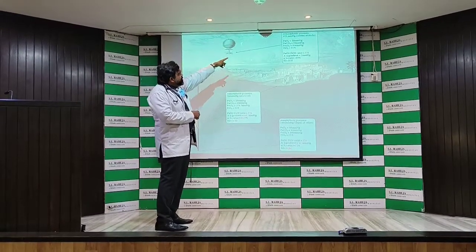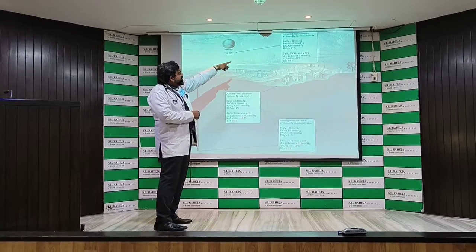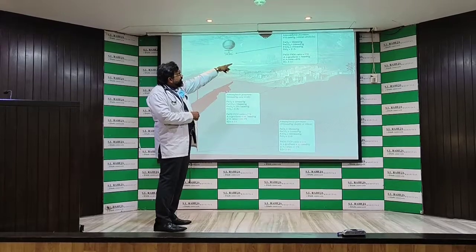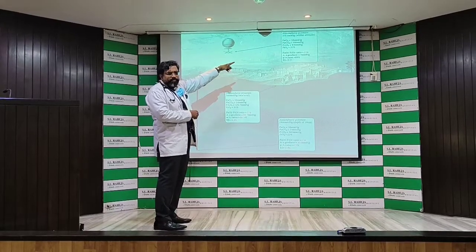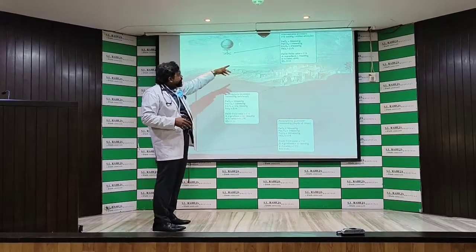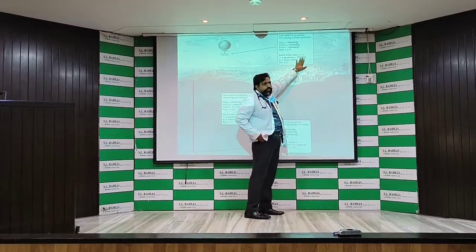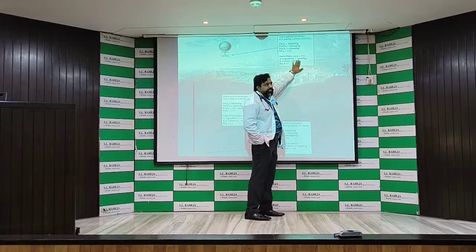So at 475, the PaO2 over there is 58. The PaCO2 is 20, and the alveolar PO2 is 65, which should have been 100, isn't it? FiO2 is 21%. So the PF ratio remains normal, and the A-a gradient is very low.